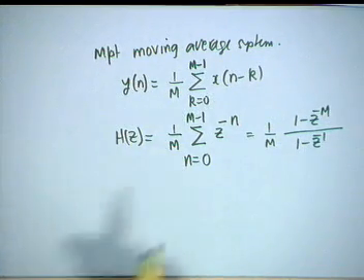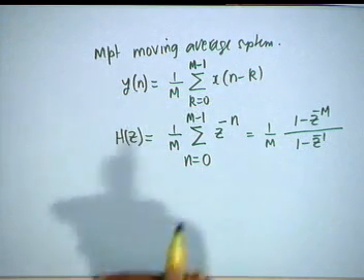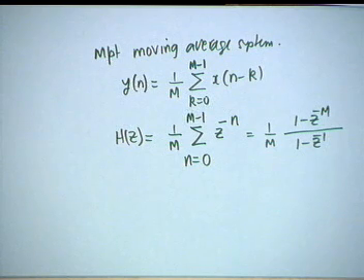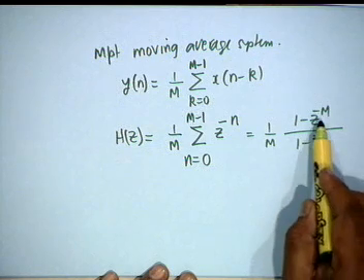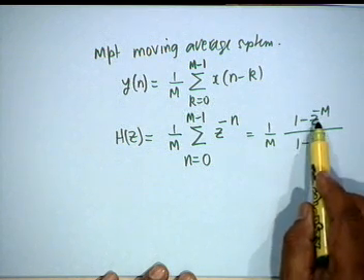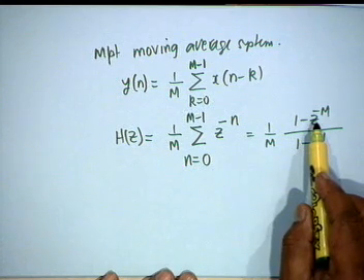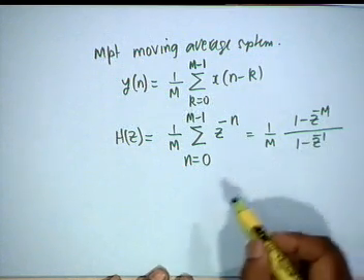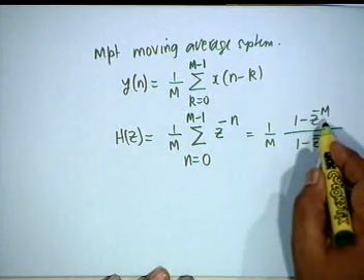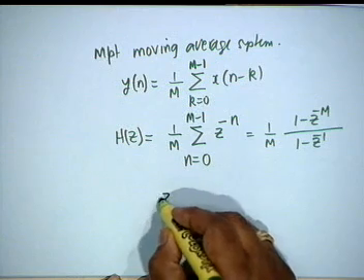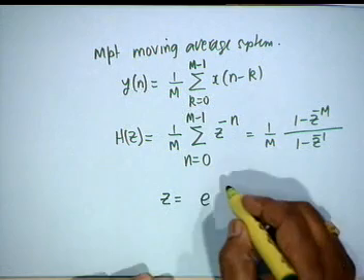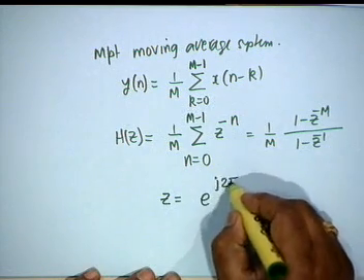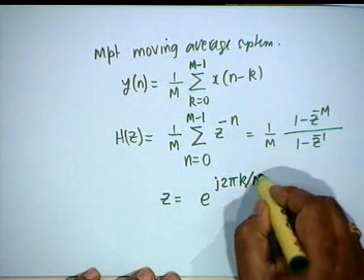It is a rational function, but it represents an FIR system, because the pole at z equal to 1 cancels with the zero at z equal to 1, right. The zeros of this system, capital M number of zeros, are at z equal to e to the j 2 pi k divided by M. These are the zeros.